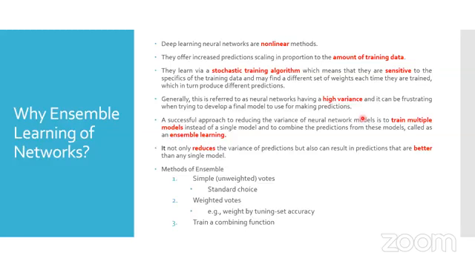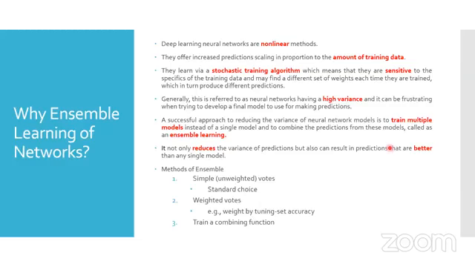So as I was telling you about why you should use ensemble learning, this is the reason basically: your conventional neural networks have a very high variance, and if you want to reduce that variance, you had better use ensemble learning. Ensemble learning helps you to reduce that variance. Okay, it not only reduces the variance, but also gives better results in the predictions. So it's not only reducing the variance, but it also improves your results.